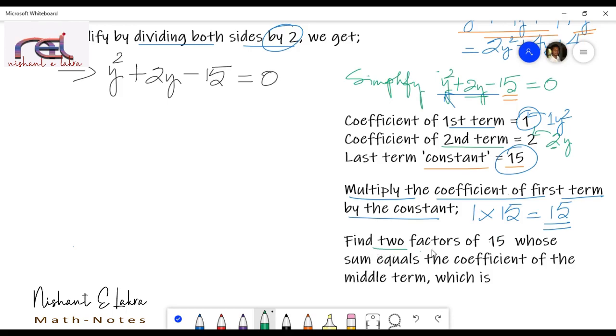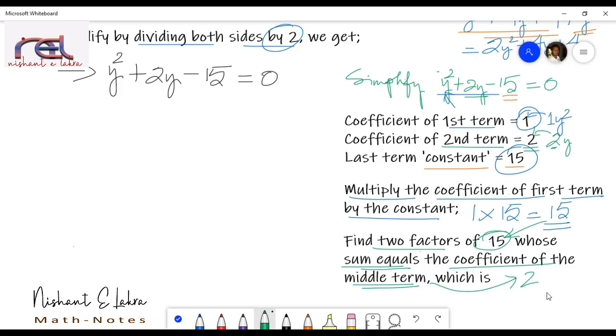Now we have to find two factors of 15 whose sum equals the coefficient of the middle term, and the coefficient of the middle term is 2.